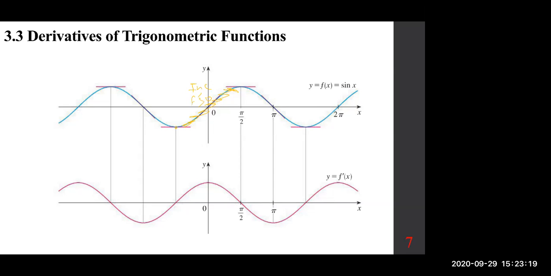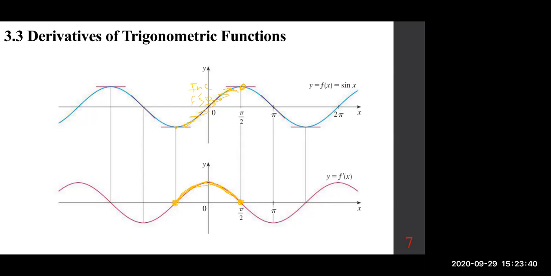At this point corresponds to 0. At this point corresponds to 0. And in between has to be above the x-axis. I hope you see that. Never mind the rest. Just look at this piece. And then the rest, you can utilize them in the same manner.